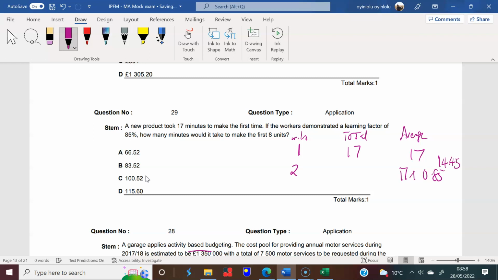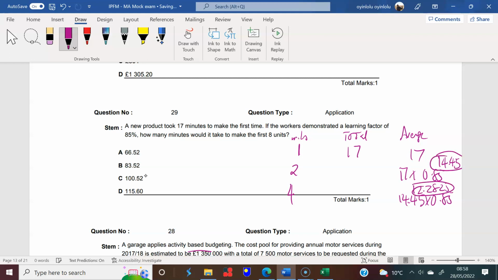When I double again to 4, I have 14.45 times 0.85, and the average time to make 4 units is 12.2825. I'll just circle that.